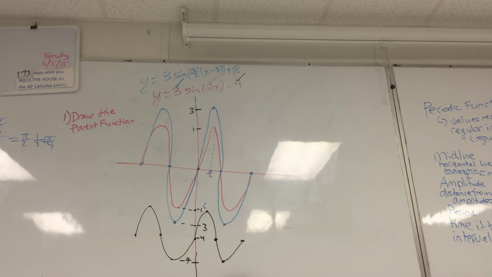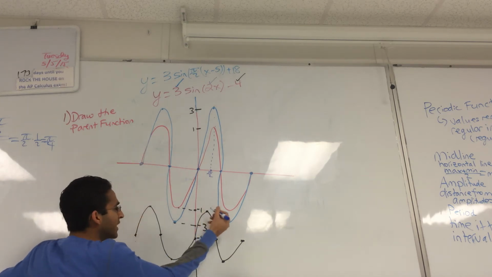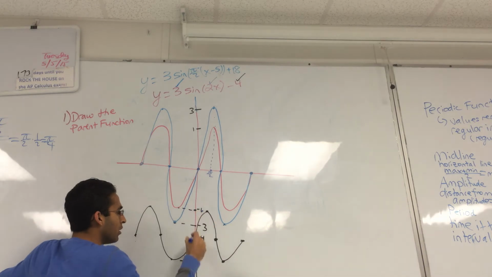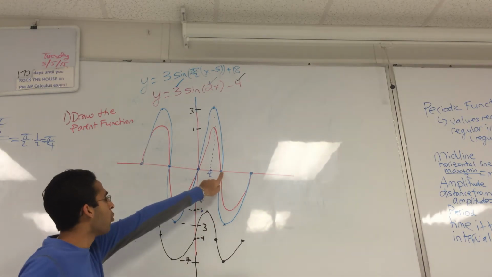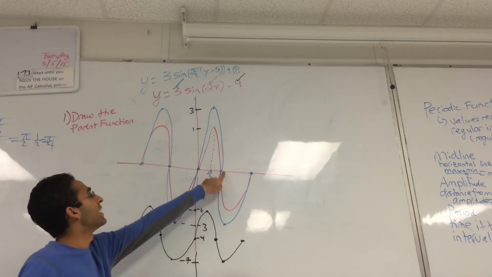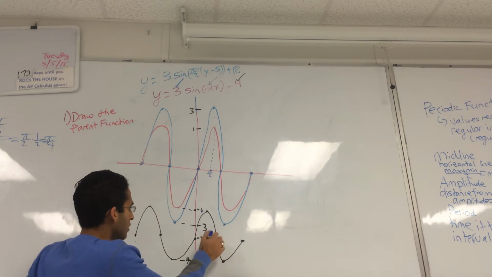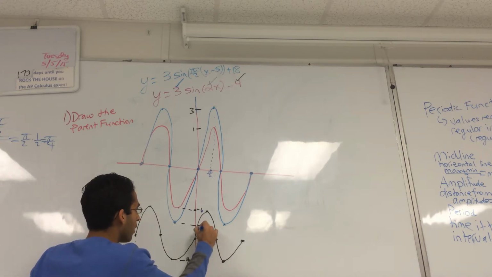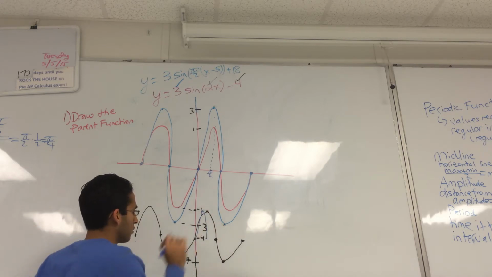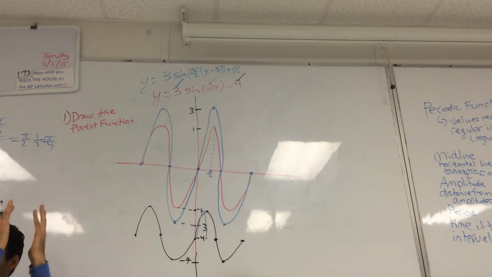So this point, which used to be here, needs to move left a little bit. So right here. This point, which used to be at pi, is now at pi over 2. So this needs to move here. You're starting to see the graph will be compressed.